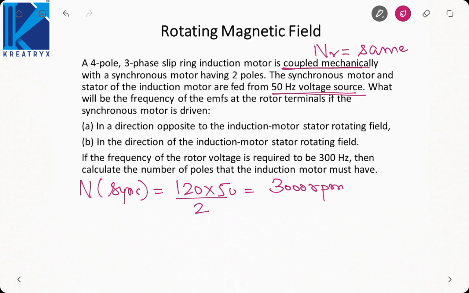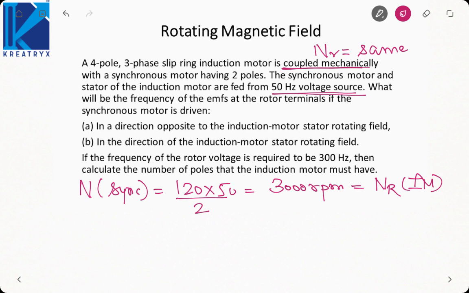Now synchronous machine cannot rotate at any other speed. So the rotor speed of synchronous machine will also be 3000 RPM. Now rotor of synchronous machine is connected to rotor of induction machine, which means speed of rotor of induction motor will also be 3000 RPM.